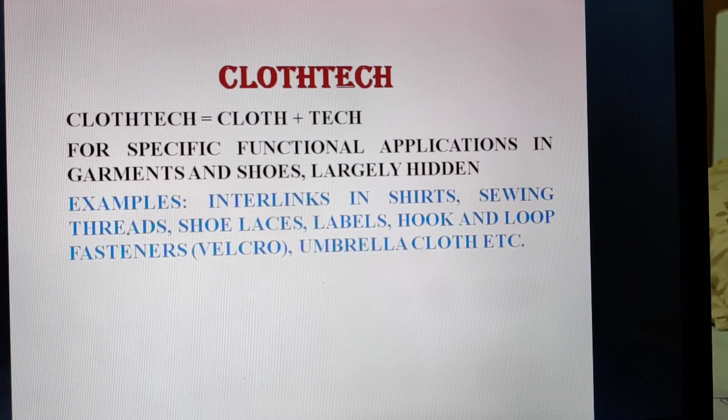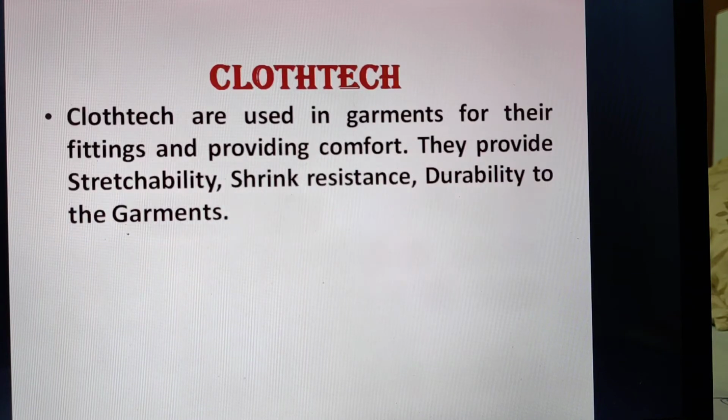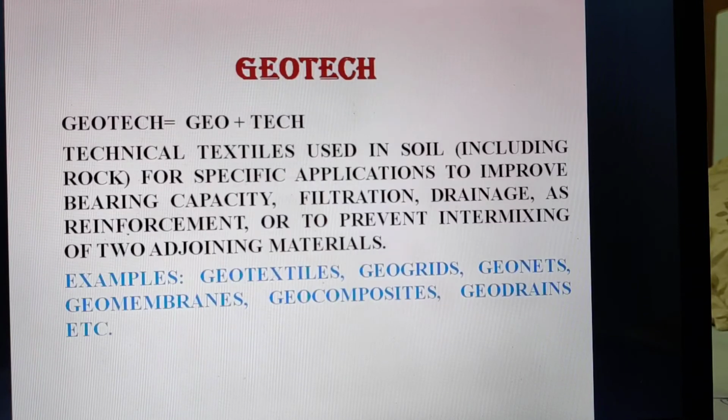Examples may be interlinings, inserts, sewing threads, shoelaces, labels, hook and loop fasteners, what is called Velcro, umbrella cloth, etc. Basically they are used in garments for their fittings and providing comfort. They provide stretchability, shrink resistance, and durability to the garments.